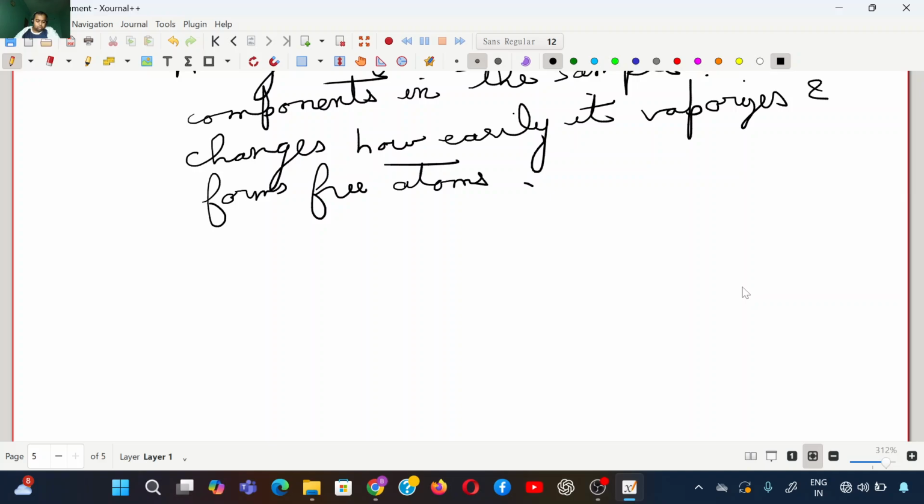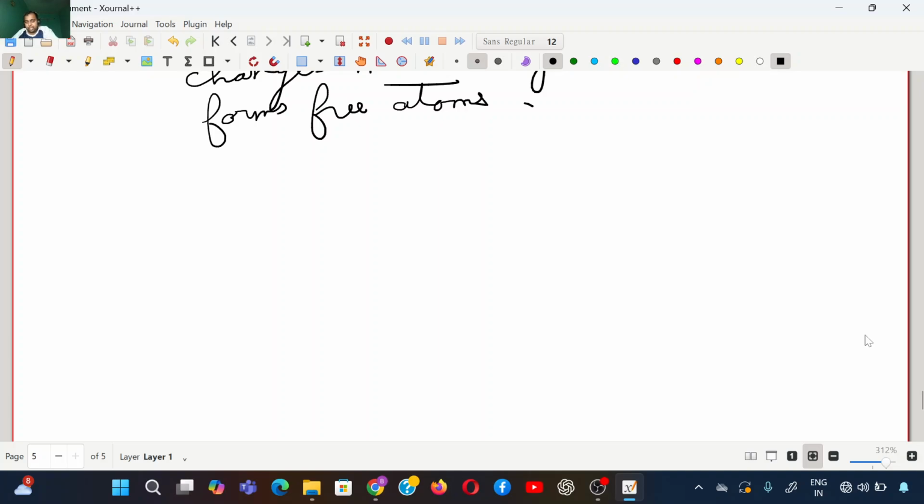So in the flame, the analyte may not just become free atoms, but it may combine with other substances to form various compounds. It may be oxides, salts, etc. So if the ensuing compounds are stable, that means that fewer atoms are available.